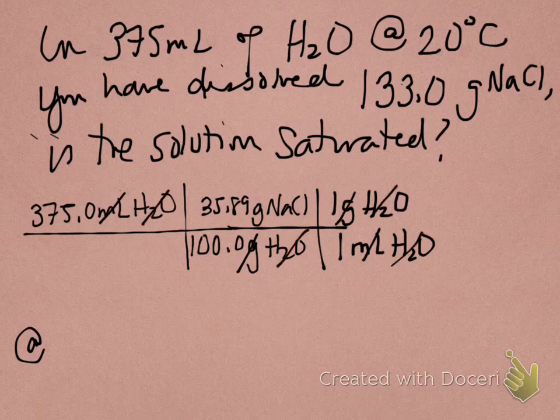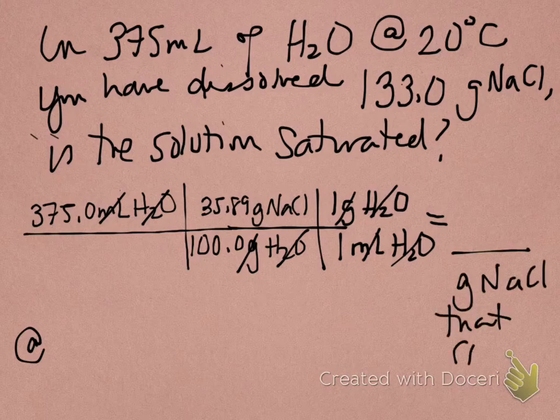What are we going to be left with as an answer? Grams of sodium chloride. What will that answer mean for us? Our answer is going to be the grams of sodium chloride that can be dissolved.